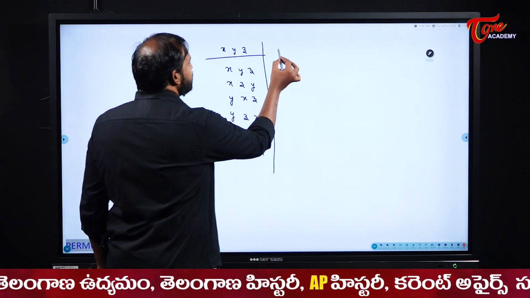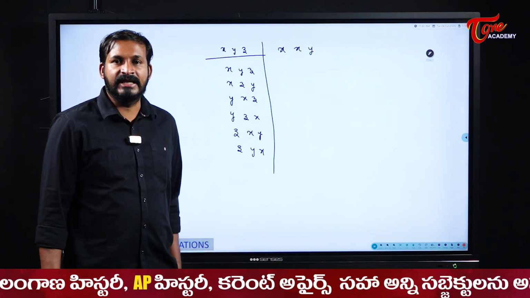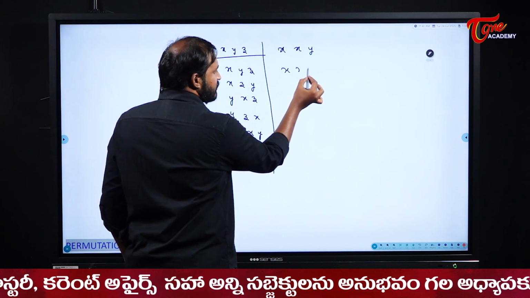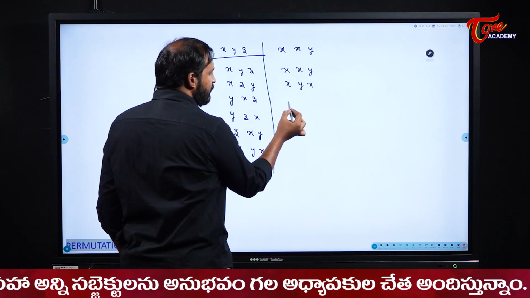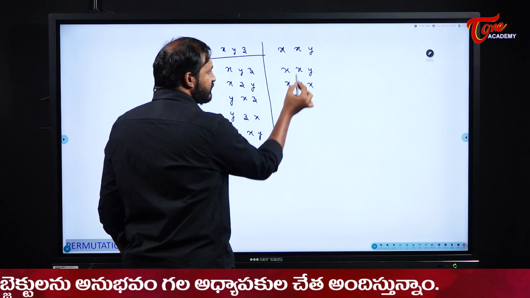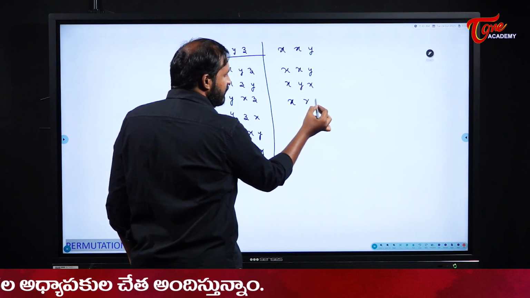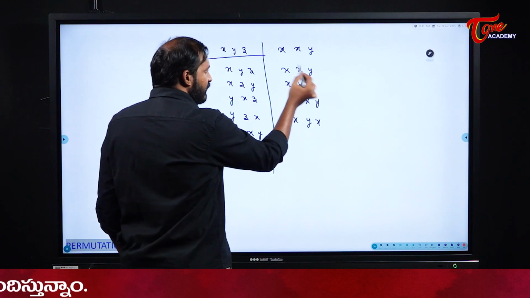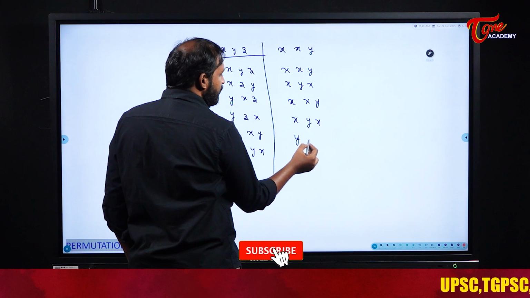For example, if my letters are X, X and Y, in how many ways can I arrange it? First one XXY, next first one and XYX. Next, second one will come to first, that means the X will come to first position, right? Why? Because second is the X. And my first will go to this position and then next Y. Next, second one YX. And then the third one will come to my first position, that will become what, students?